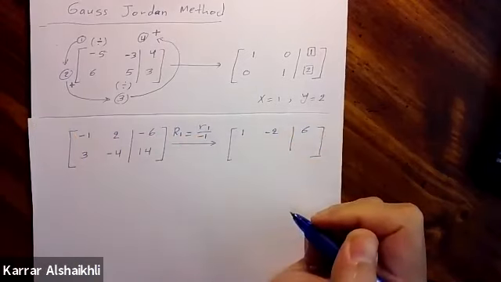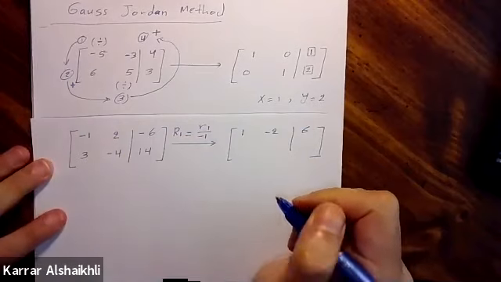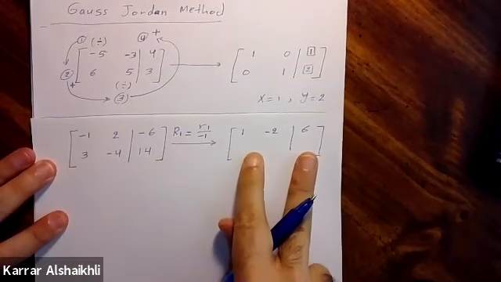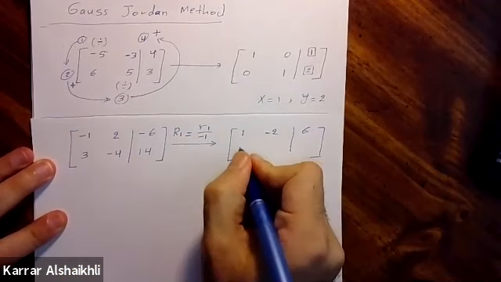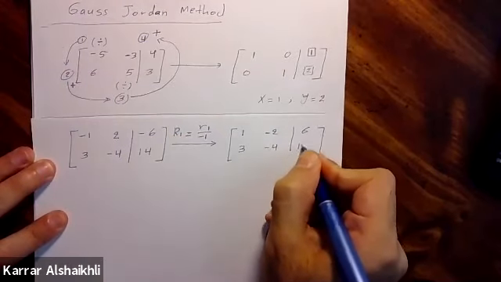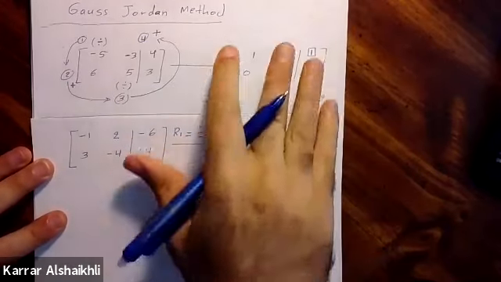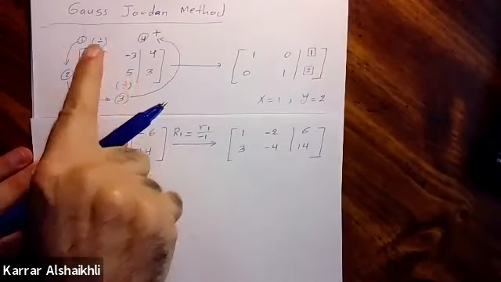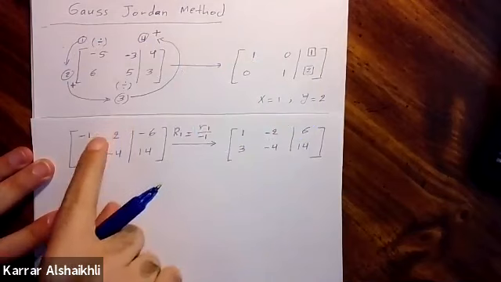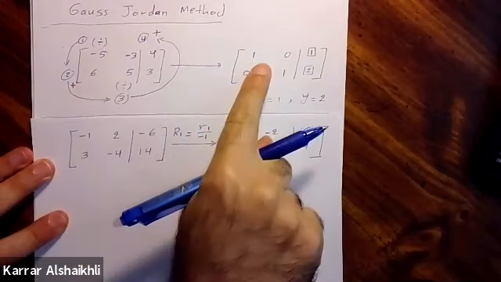So this is the first step. I'm not going to make any change on row 2, so I have to write down exactly the same R2: 3, -4, and 14. You see the first step here, step 1, convert this number to 1, any number here to 1.